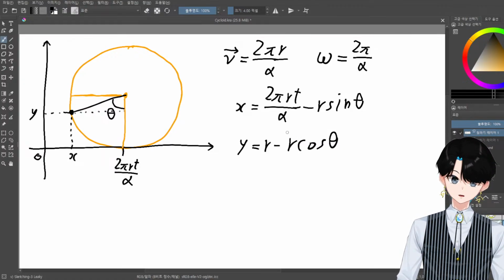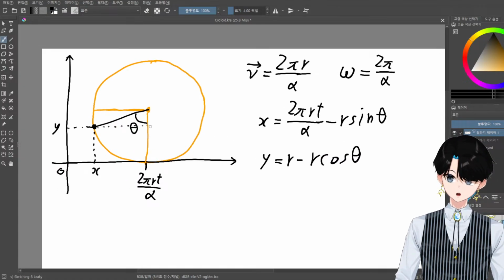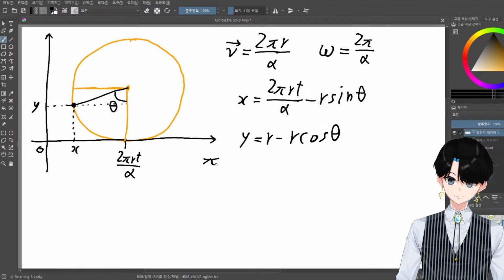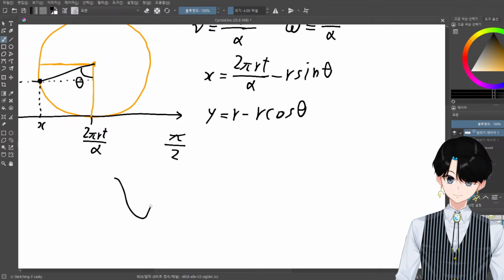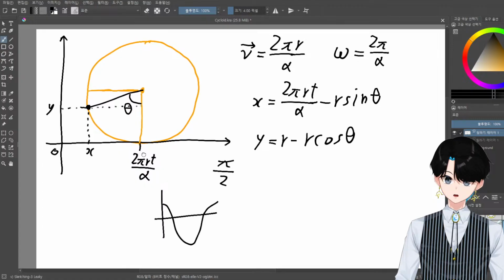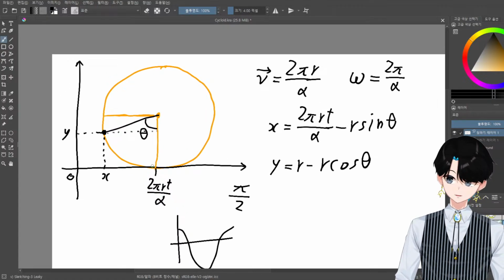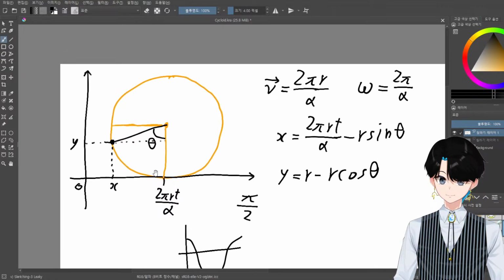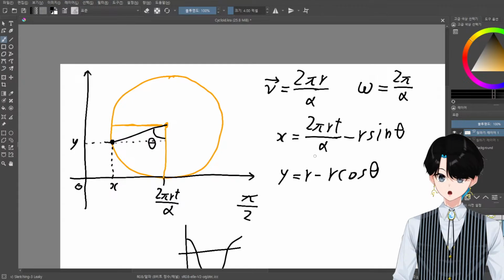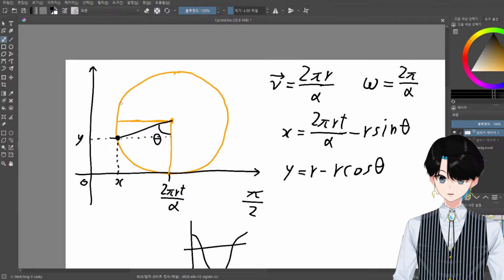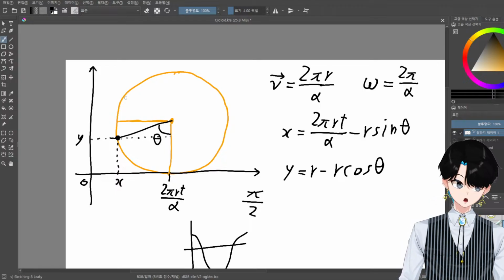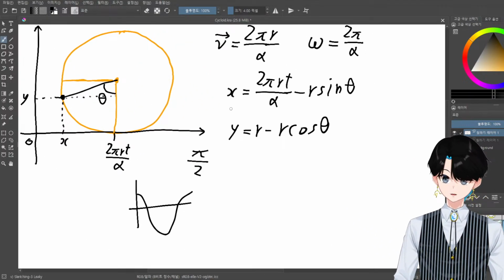Yeah. Okay, and when theta increases and surpasses pi over 2, then the cosine theta would be in the negative area, and then it will be turned into positive in this occasion. Then yes, it would be correct. It would be bigger than the r. And I believe this is correct.